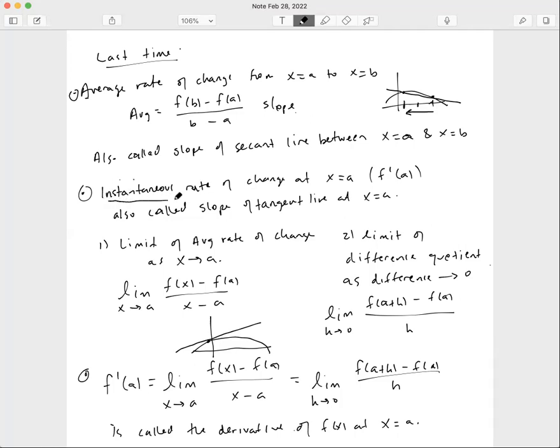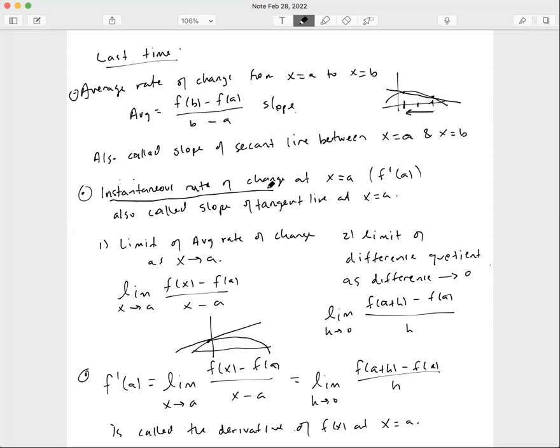Instead of average rate of change, we can think of instantaneous rate of change, or change at a point, or slope at a point. This doesn't really make sense in terms of what we think of as change, right? Change has to be relative between 2 points in time, but with limits, we can talk about this paradoxical thing called change at a point.